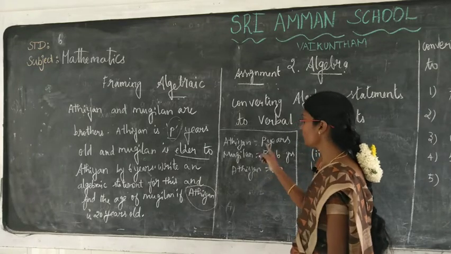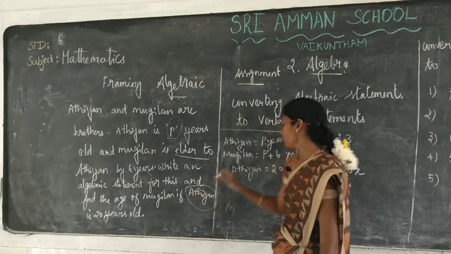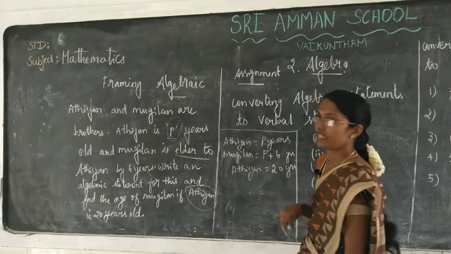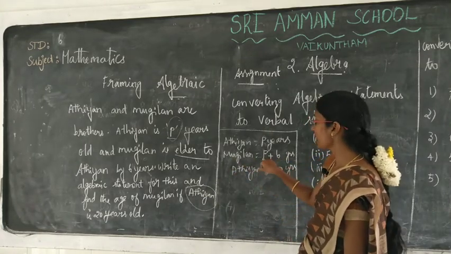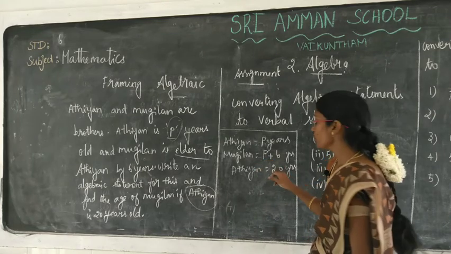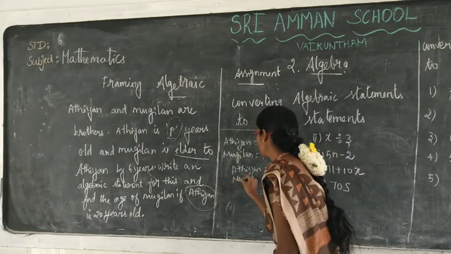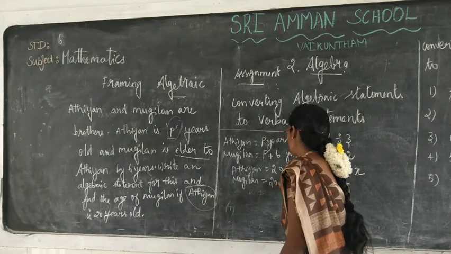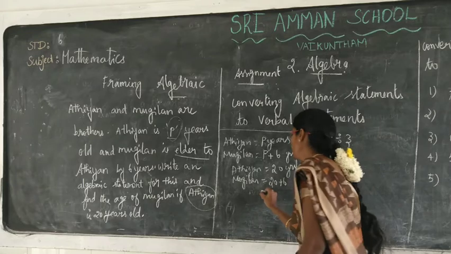Since P equals 20, Adiyan's age is 20 years. Now we have to find Mugilan's age. Mugilan is 6 years greater than Adiyan. So Mugilan's age equals 20 plus 6. How much? 26.